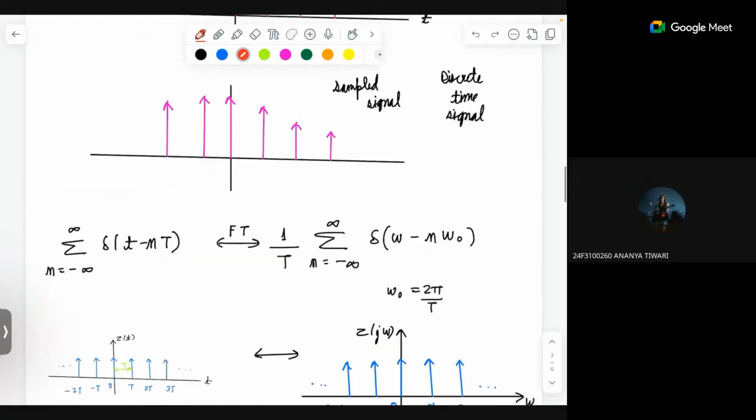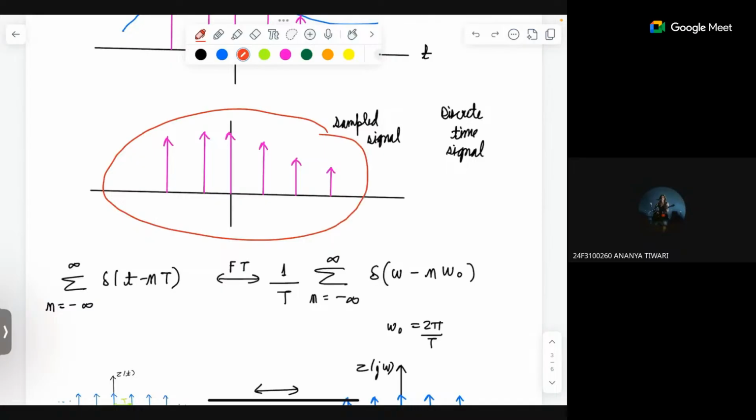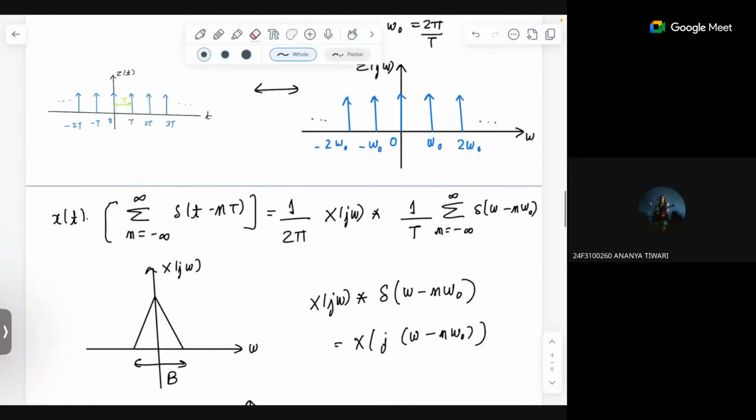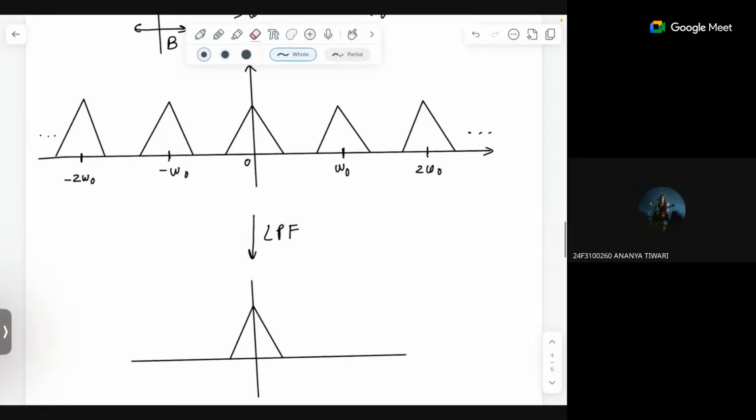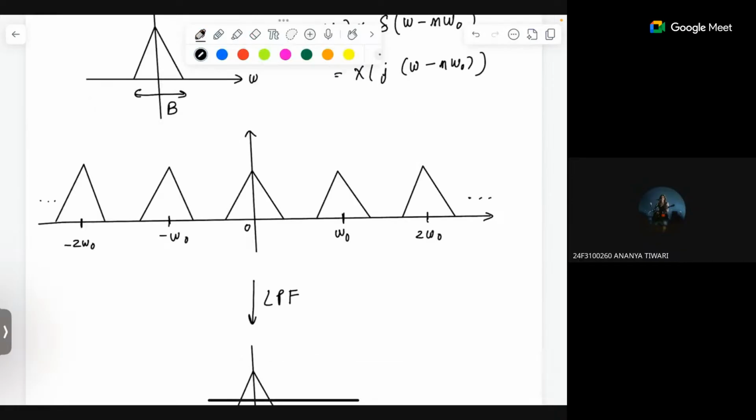I want the Fourier transform of this signal. This is not x(t) now, so it will not be X(jω). By our calculation, it turned out that there will be repeated copies of X(jω) for this signal. Yes, ma'am. After repeated copies, we are taking out only one copy, right? So again we are getting that X(jω).